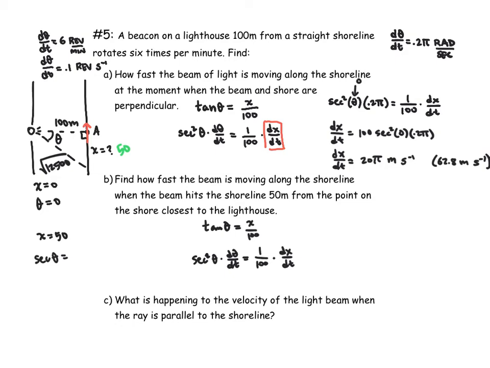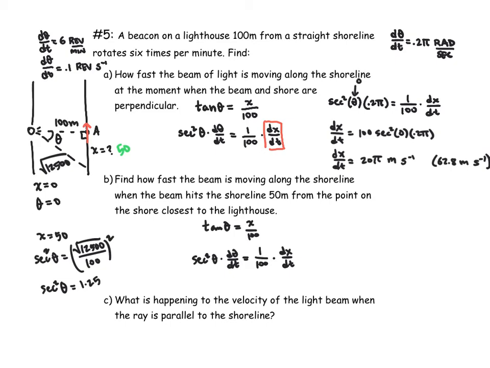Cosine is adjacent over hypotenuse, so the secant would be hypotenuse over adjacent. Now if I square that, secant squared theta comes out to be 12,500 over 10,000, which is 1.25.